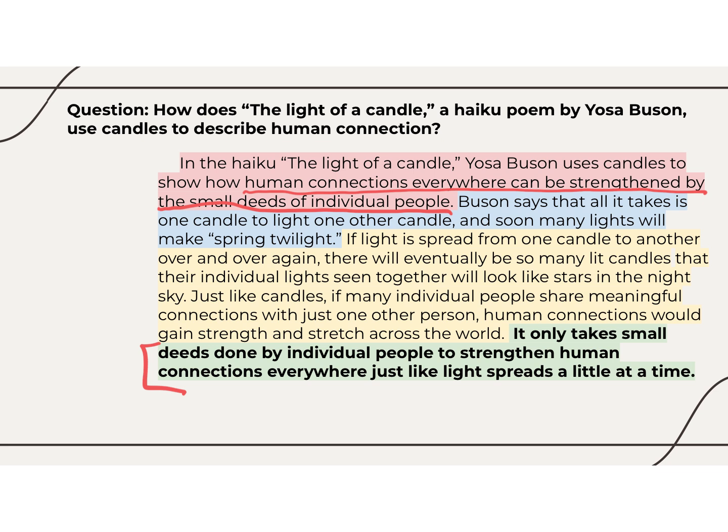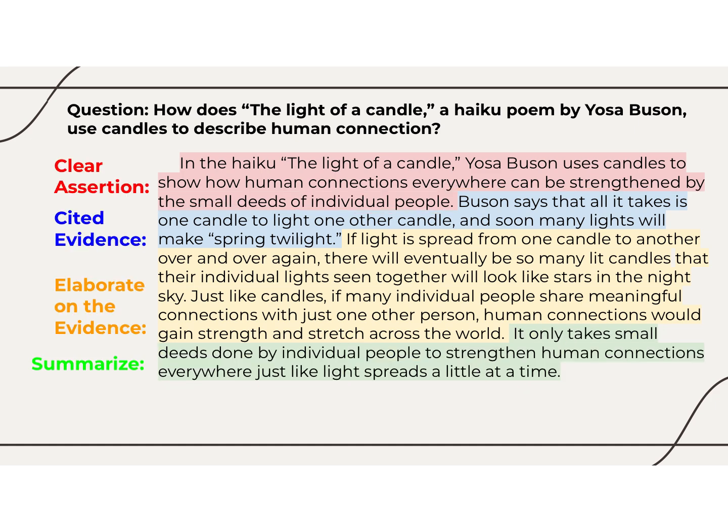You can see I even used keywords from my own assertion. There you go, human connections, just like light spreads a little at a time. That was my final thought on the matter. So we're pulling keywords from our own assertion to prove our assertion.